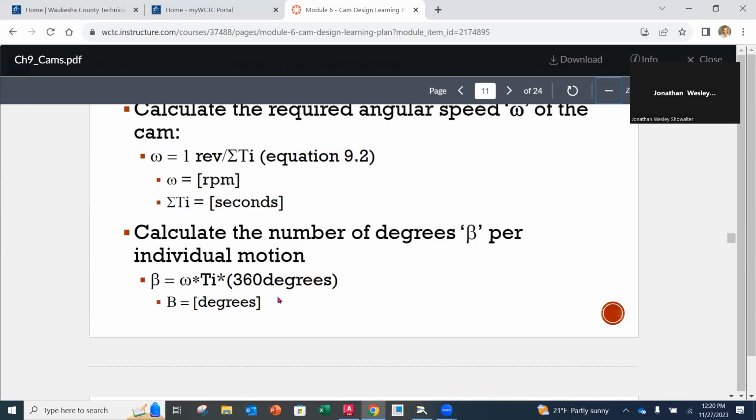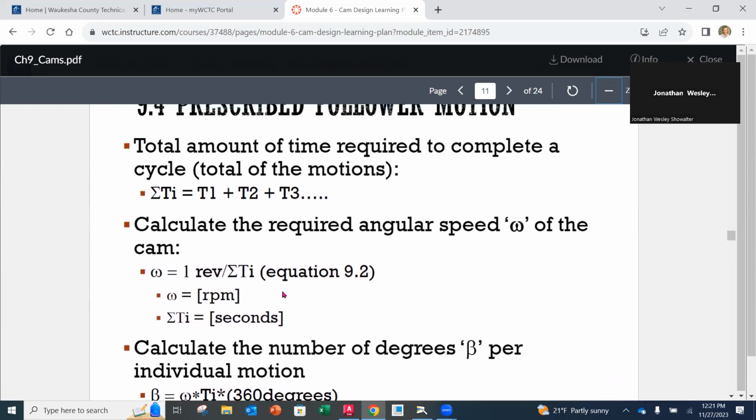Jacob: So if W is RPM, how do you get RPM if it's divided by seconds? It'll be converting. So you will see that in the example that we do. Because for W, if we need to size a motor or tell somebody the rotational speed of something, we want to do it in RPMs because that's the most common unit.